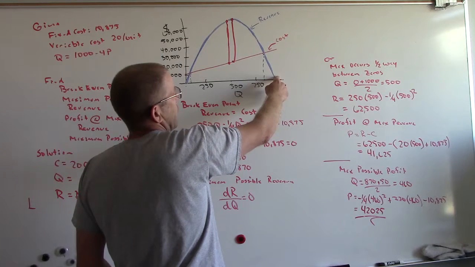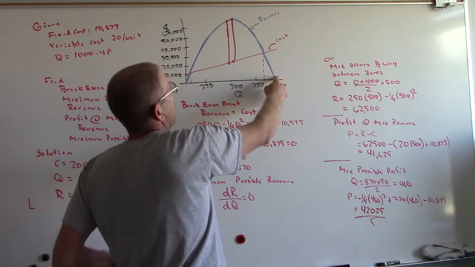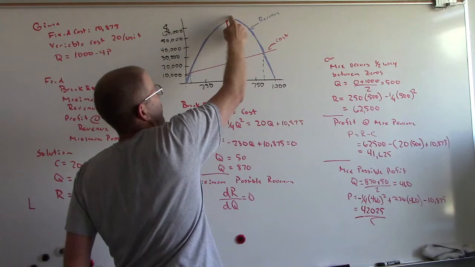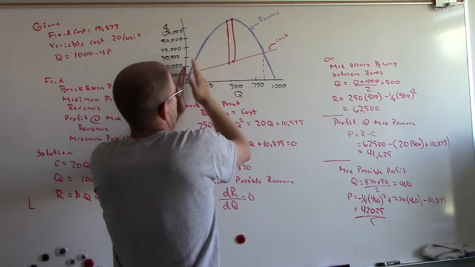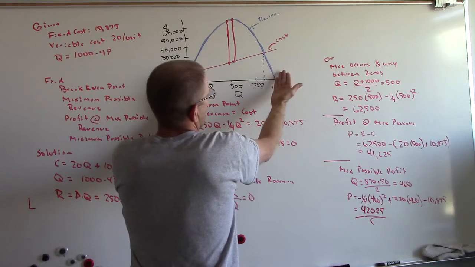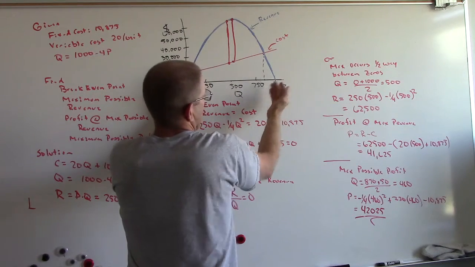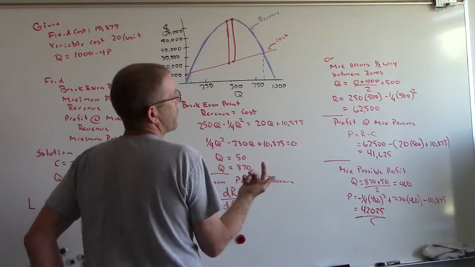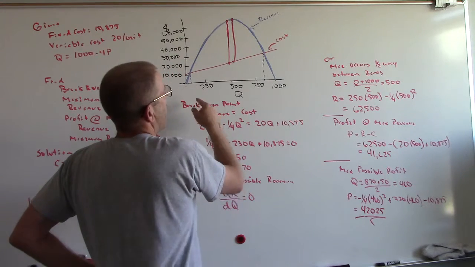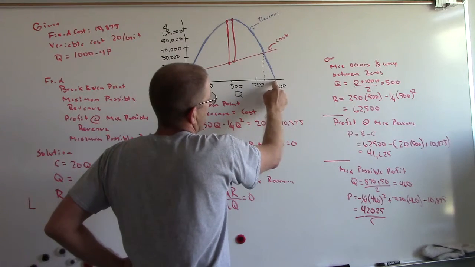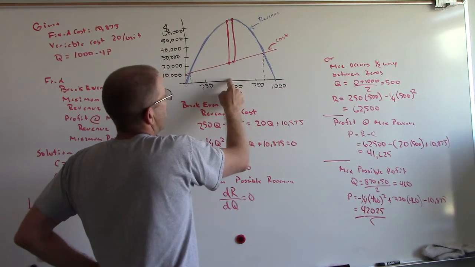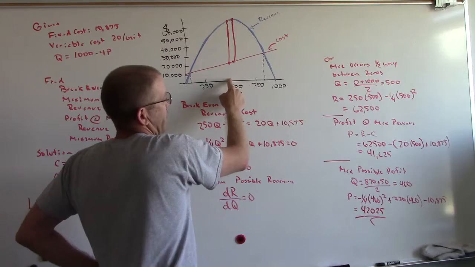We can say that because the revenue is quadratic in nature, it is going to be symmetric about the vertex. So the stuff on the left-hand side of that vertex is going to be a mirror image of the stuff to the right of that vertex. That means that if we know 2 points on that graph that are at the same elevation, say this zero crossing and this zero crossing, we can find the location of that vertex just by averaging them.